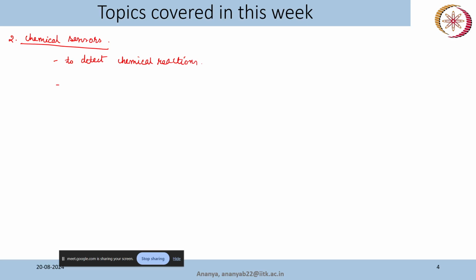If we get the sensor output in form of some physical signal, change in some physical parameter of the sensing element, then the sensors are known as physically reactive sensors. And say due to the chemical reactions, some electrical property of the sensor is changing, then we call it a chemically reactive sensor.